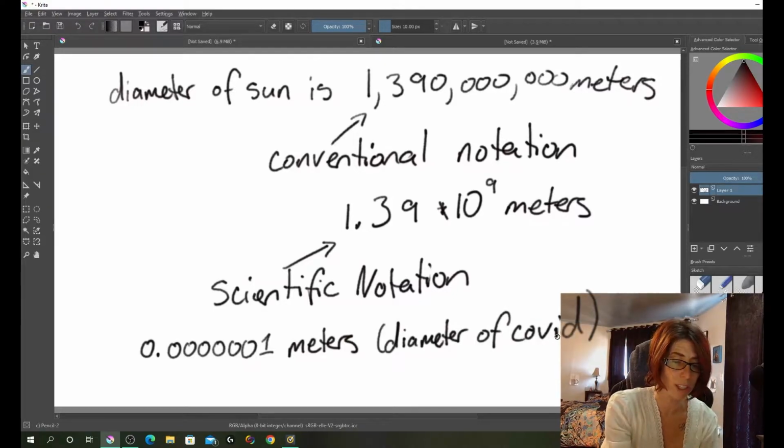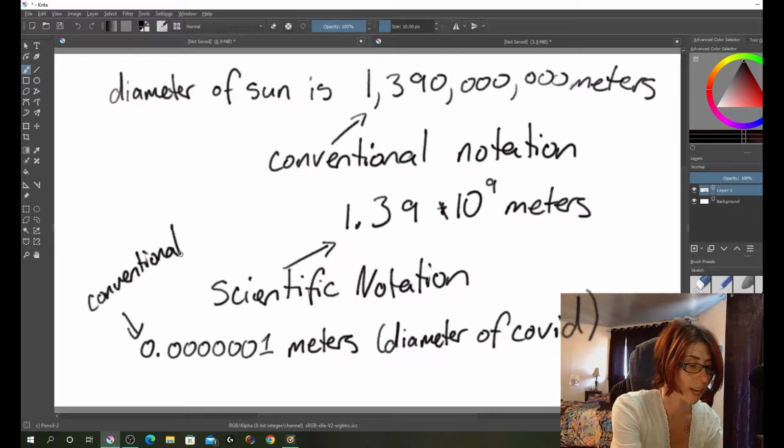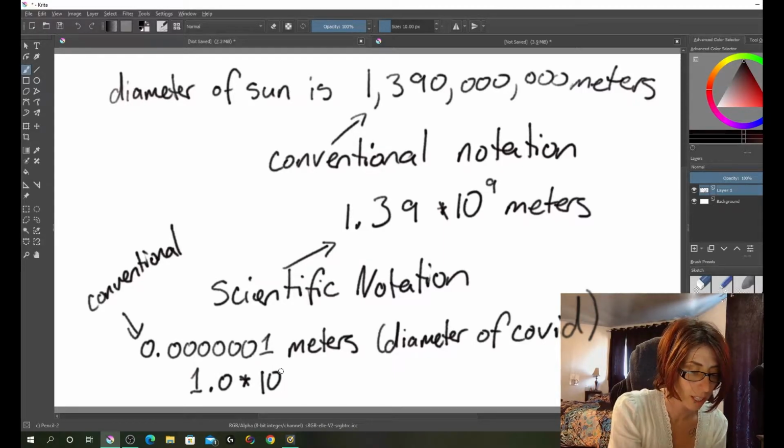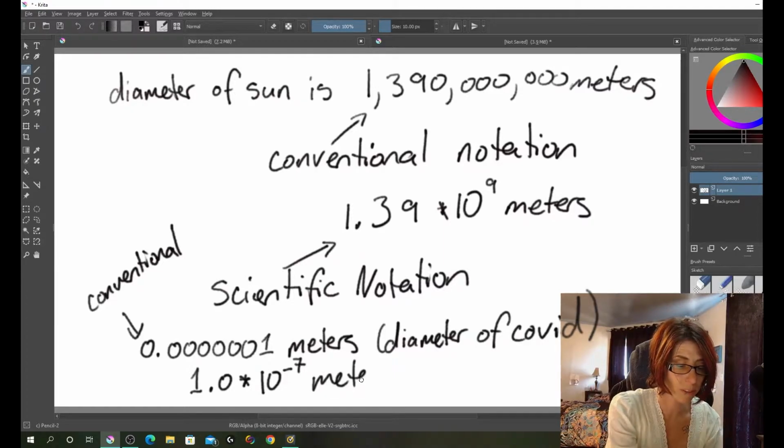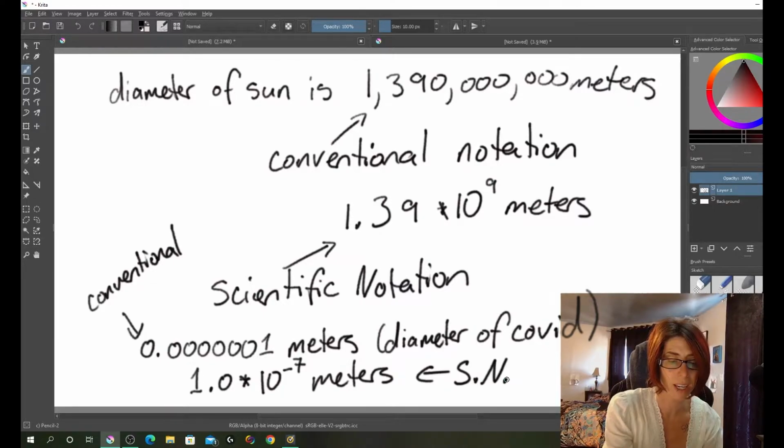And this is conventional notation. So I could write that in scientific notation as 1.0 times 10 to the negative 1, 2, 3, 4, 5, 6, 7, negative 7th meters. And that's scientific notation, which I'll just indicate by SN.